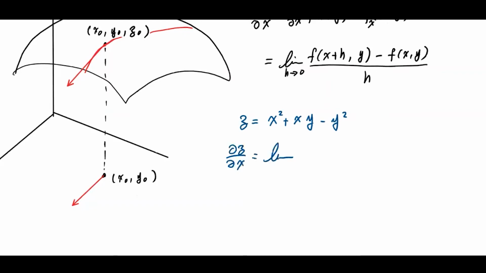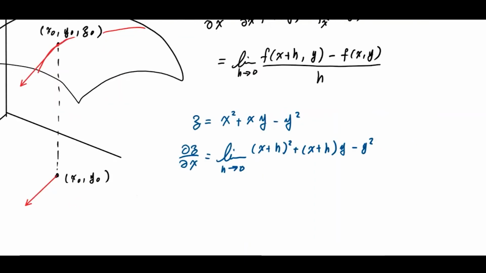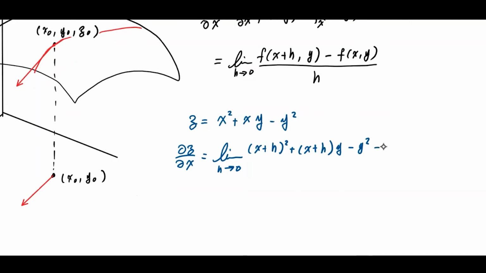And that, of course, is the limit as h approaches 0 of (x plus h) squared plus (x plus h) y minus y squared, minus x squared plus xy minus y squared, all over h. Good? Okay. Let's figure that one out.